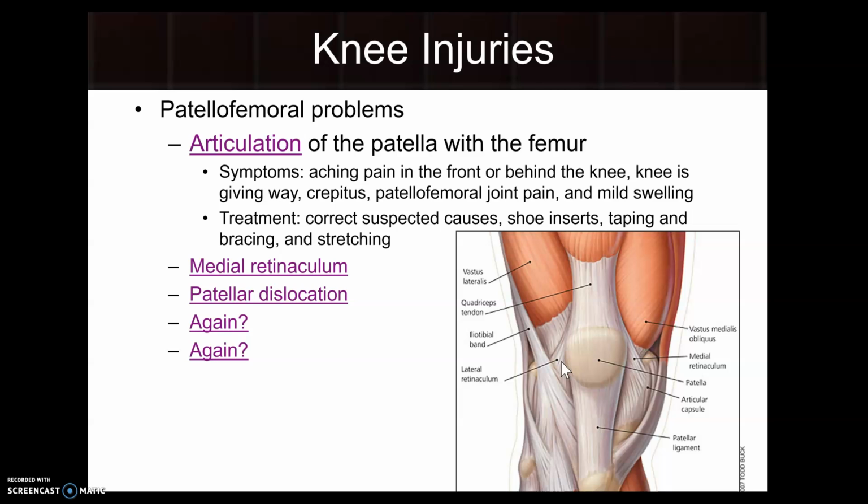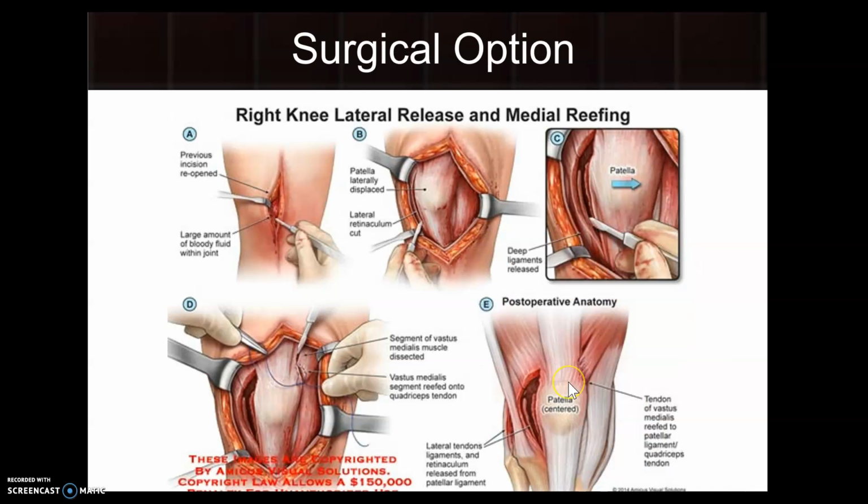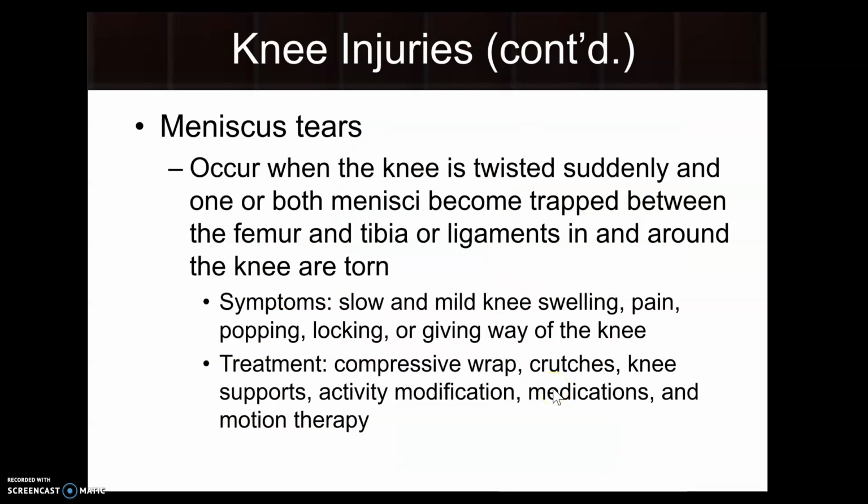So when someone dislocates their patella, they've torn their medial retinaculum, and a surgical option is to go in and sever the lateral retinaculum to offset that pull laterally and prevent future dislocation. Here they're opening it up, and then they're severing that lateral retinaculum to release the patella, so that it doesn't track laterally and dislocate.